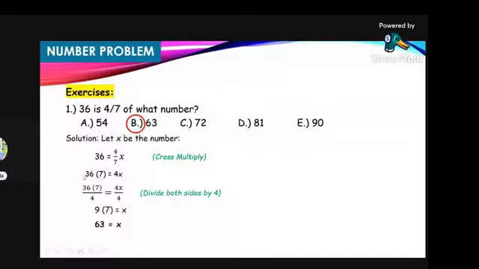So 4 divided by 4 is out. And then 36 divided by 4 is 9. 9 times 7 is 63.